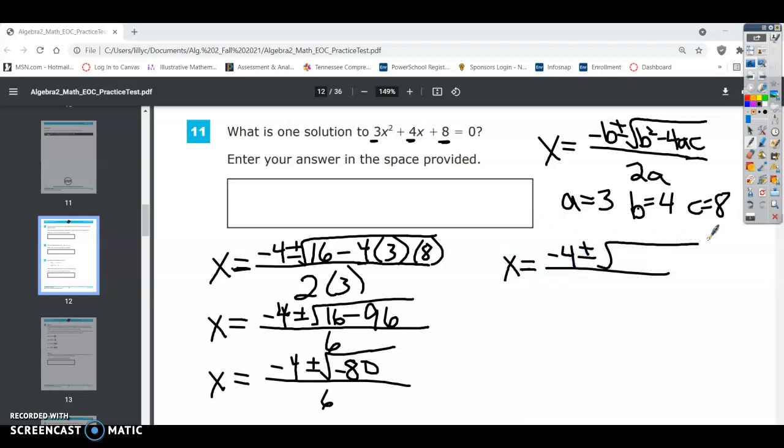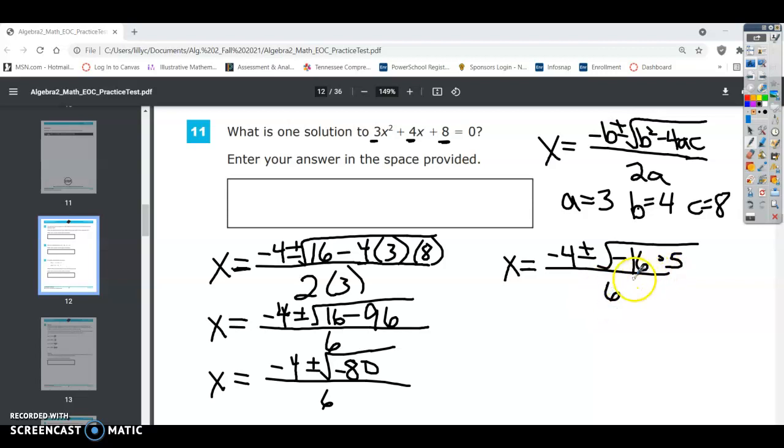And what goes into 80 evenly, that is a perfect square. So we've got 4, yeah, but there's a bigger one because 4 and 20, and 4 goes into 20 as well. So let's look at 16. Does 16 go into 80? Yes, 5 times. So we're going to rewrite negative 80 as negative 16 times 5. And then that's still over 6.